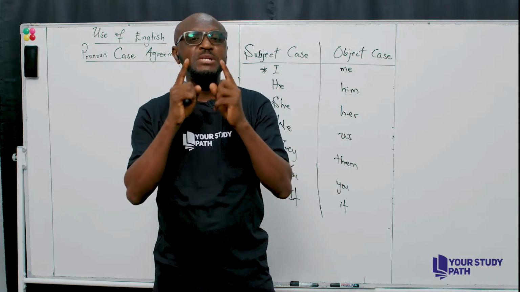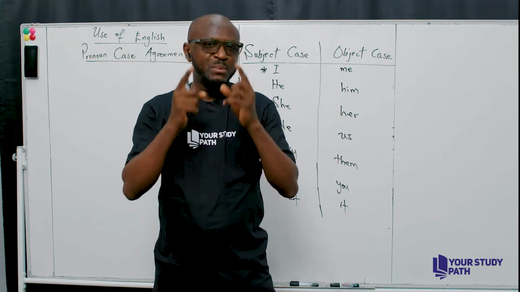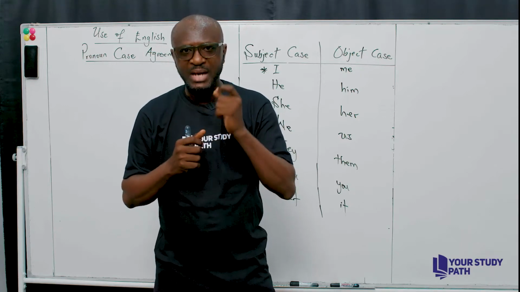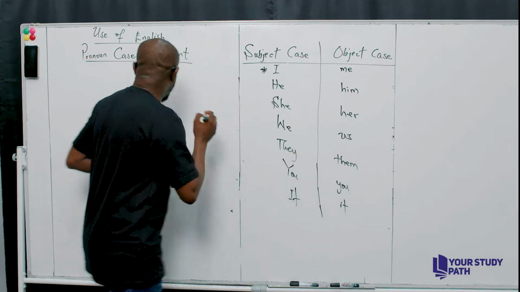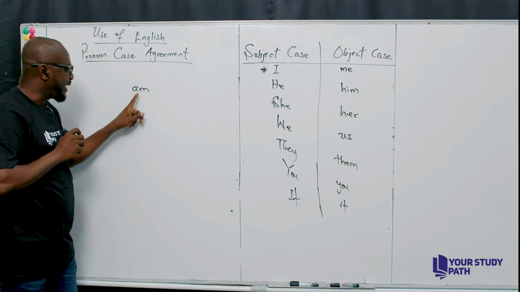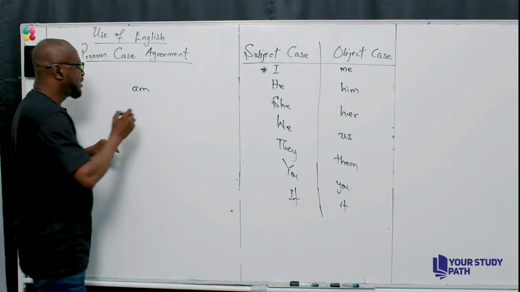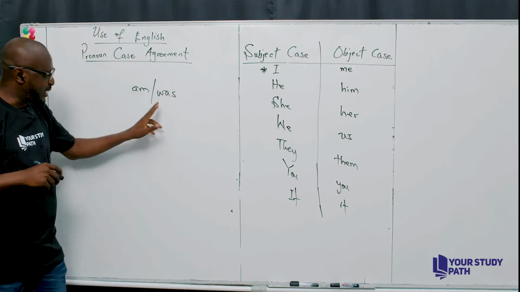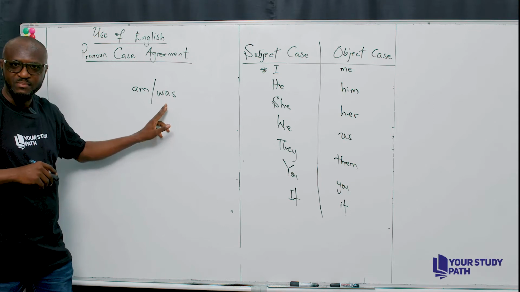The only singular verbs that the personal pronoun "I" can admit are "am" in the present tense, and "was" in the past tense.